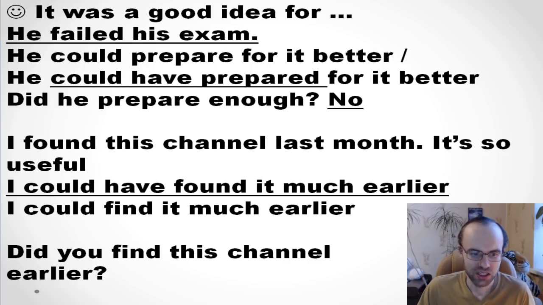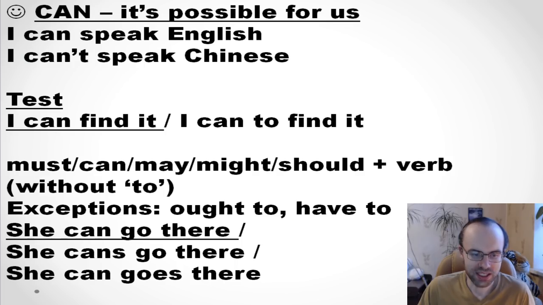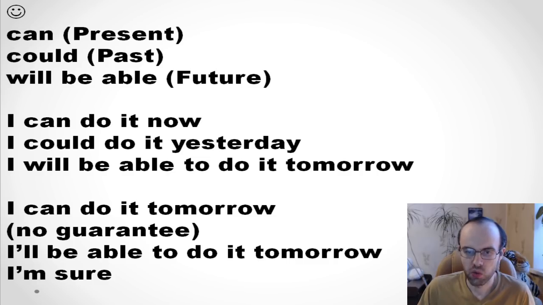Good. Okay, next. You know that we can use can when we talk about the present. Could for present and past. Could have for past. Okay, but let's understand what we use when we talk about the future. My friends, please remember, we use can for present.